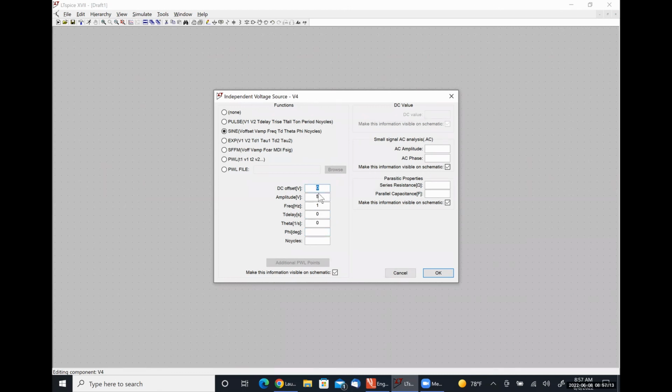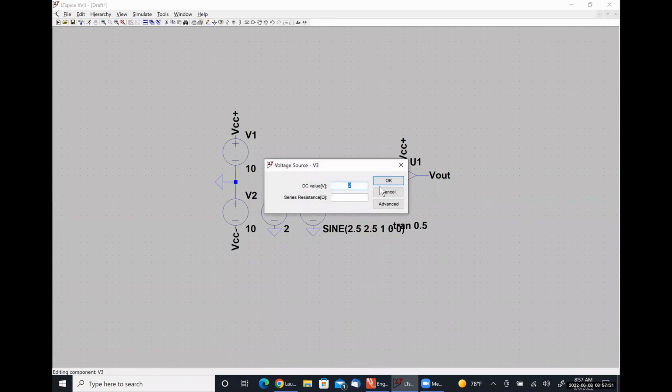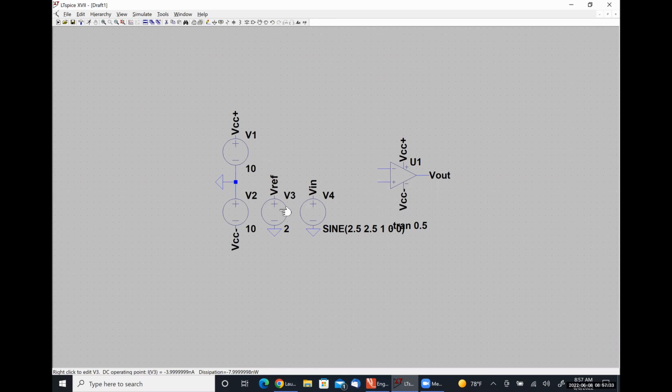I want my signal to go from 0 to 5 volts in this case. So I'm going to give my sinusoid a DC offset of 2.5 and an amplitude of 2.5. We'll show what that does in just a moment. I want my reference voltage in this case to be, actually, I'm going to delete this entirely, and we're going to do it with our resistor network.